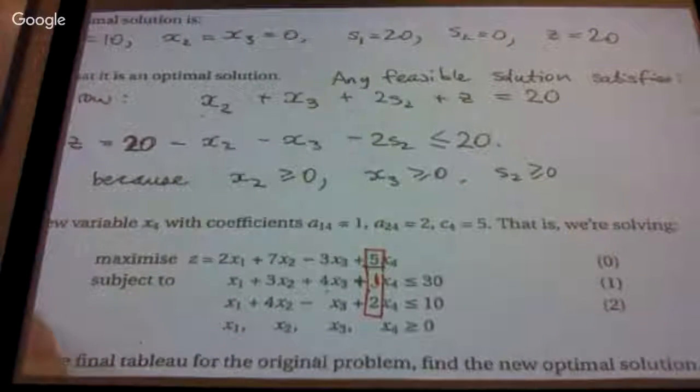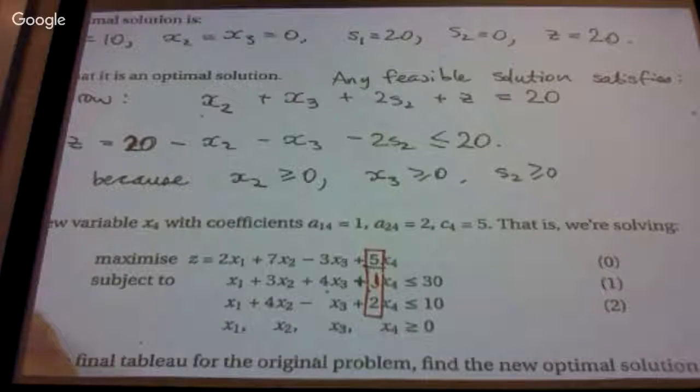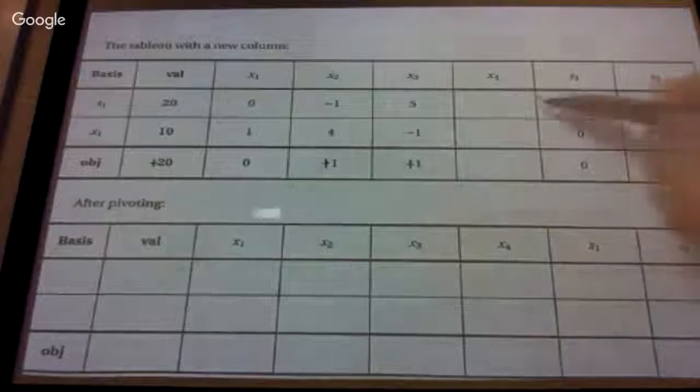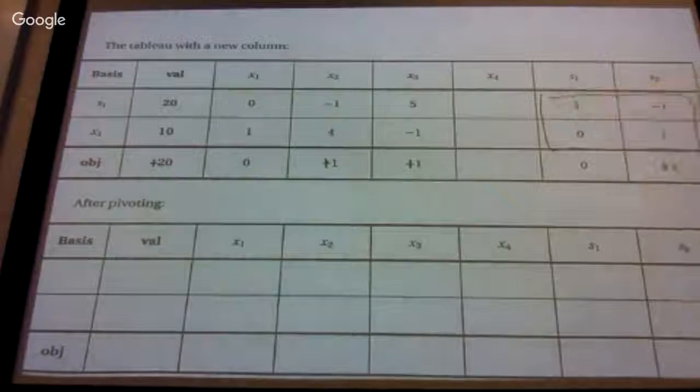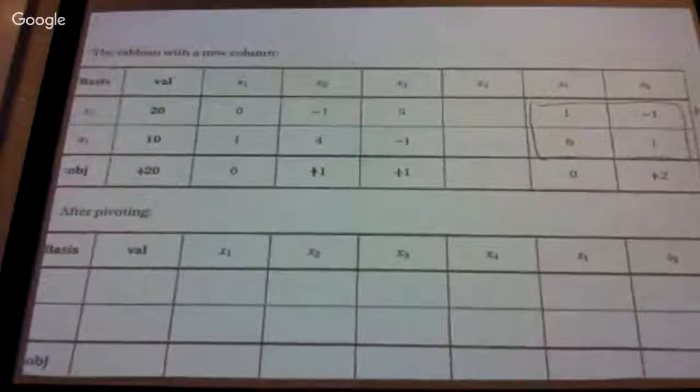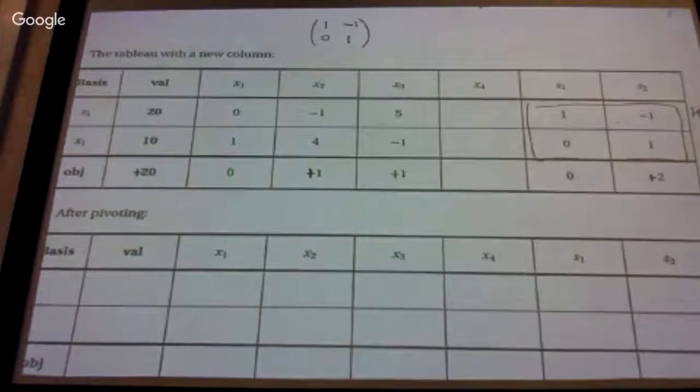Okay. And so if you wanted it in matrices, some people have done it by multiplying matrices. So what you have done is probably you take this matrix, which we always called MP inverse. Okay. And so this matrix 1, 0, minus 1, 1 is multiplied by the coefficients in the constraint, which were 1 and 2.